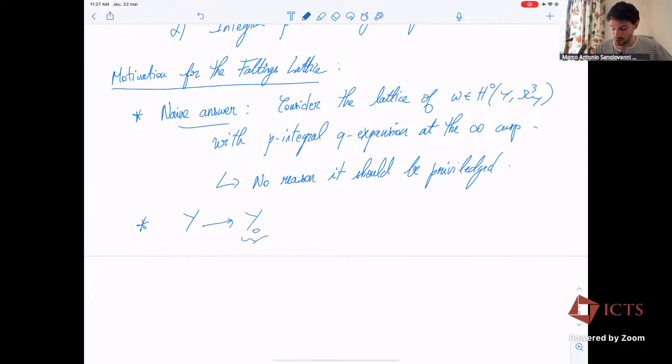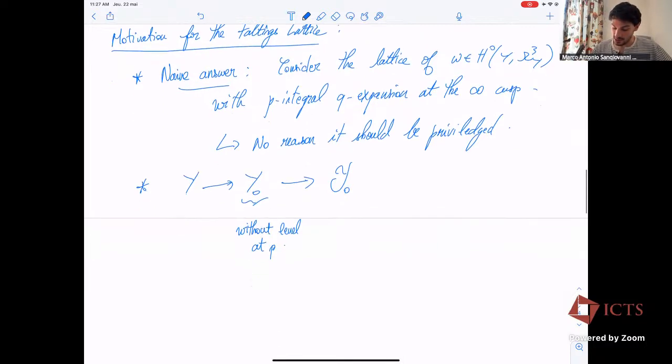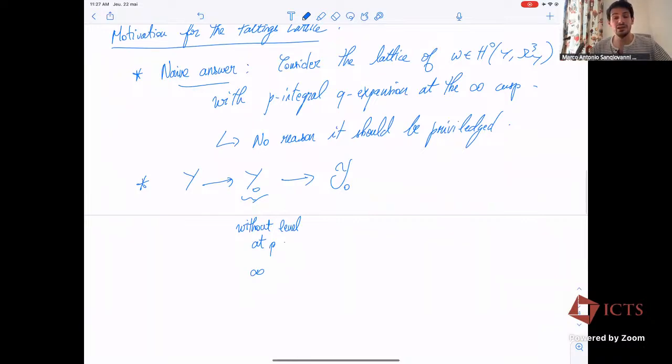Y naught is the Siegel variety without level at p. So this is just the forgetful map. And now this has an integral model. Integral models I will denote by curly letters, Y naught. And the point is that here I have my infinity cusp that determines the integral structure on coherent cohomology for Y naught.